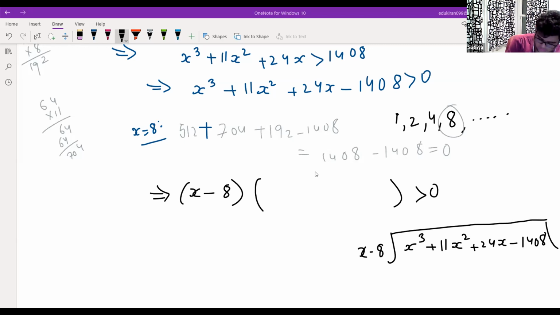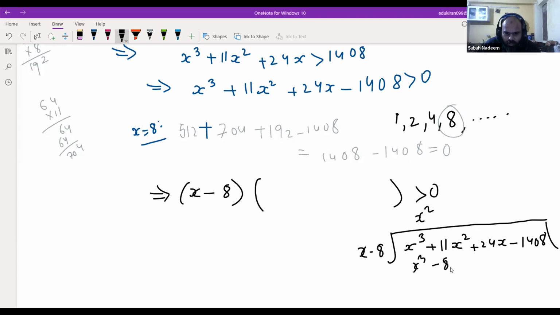So I didn't get the answer for this. It's not getting cancelled after the first step. Do it. So you first take x square. So x cube minus 8x square.